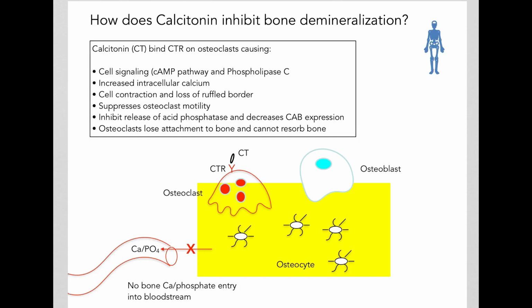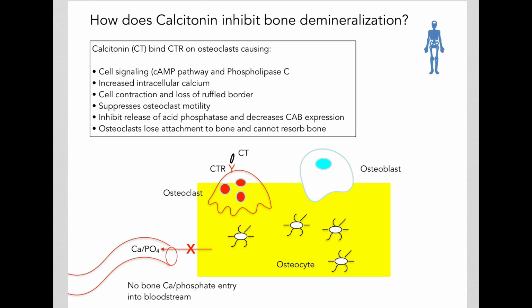This binding is going to trigger the signaling pathways through G-alpha S and G-alpha Q, and that is going to lead to increased intracellular calcium due to the increase in IP3 stimulated by phospholipase C. So there's going to be increased intracellular calcium in the osteoclast.